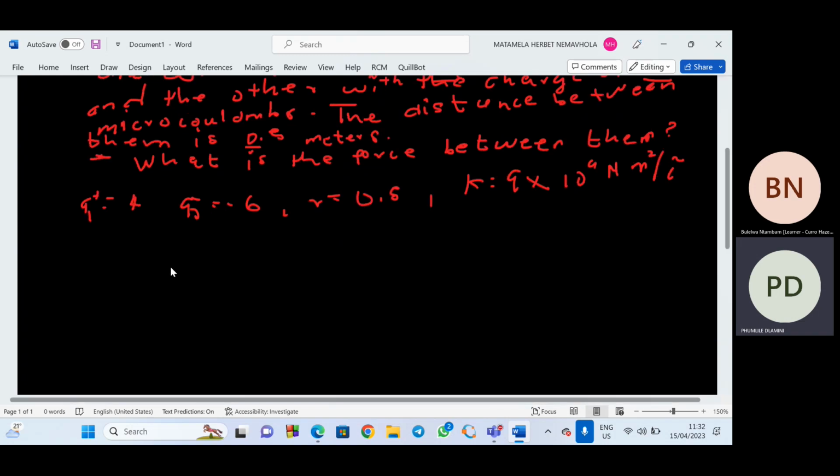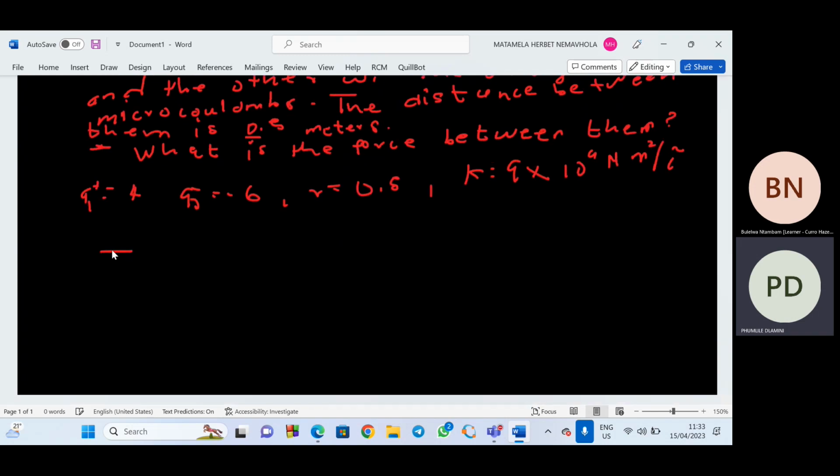So our formula is F for force equals K Q1 Q2 divided by R squared. Now we are just going to substitute everything.